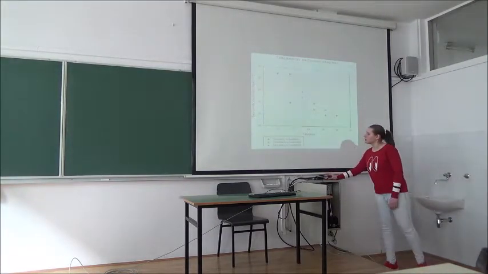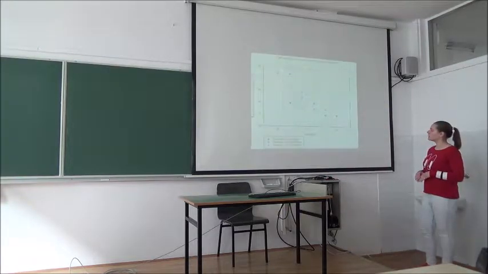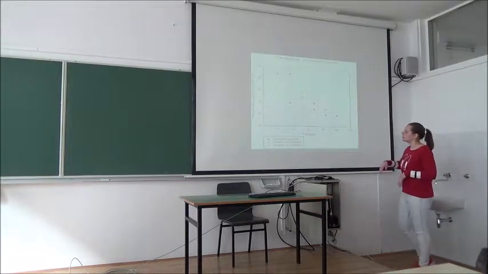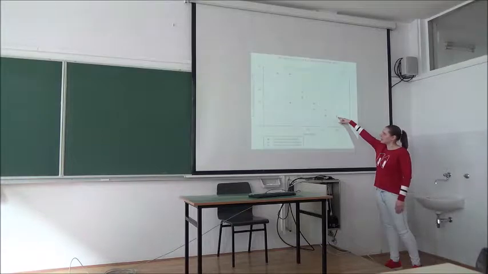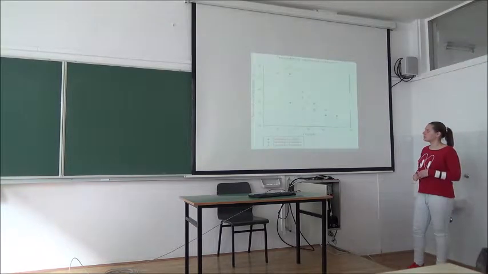Here are results. This is a graph where it is shown how fast the object is cooling with radiation, convection, and conduction. And we can see that radiation is the fastest, while conduction is the slowest.